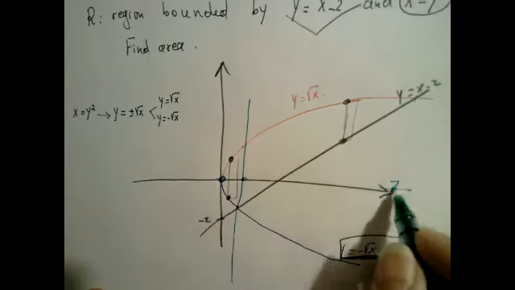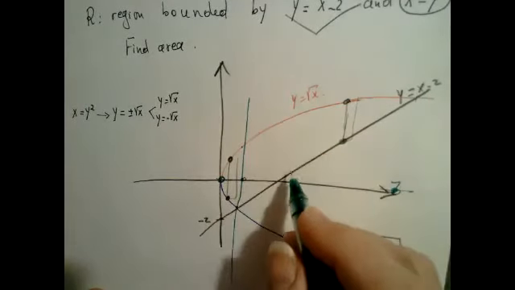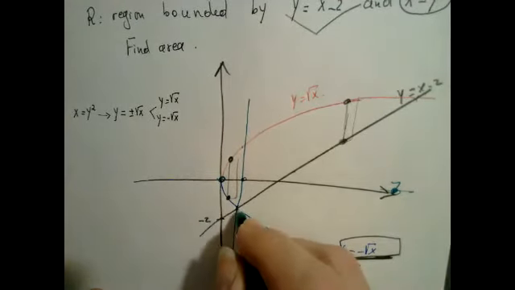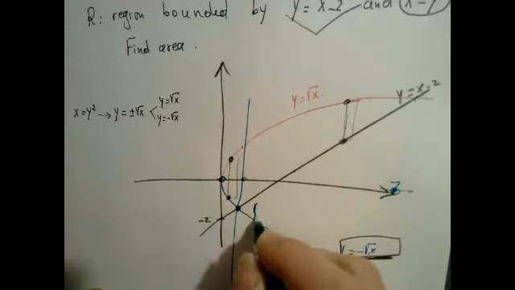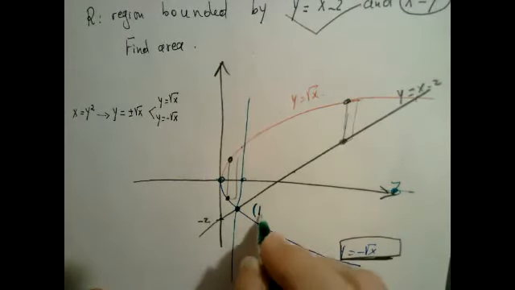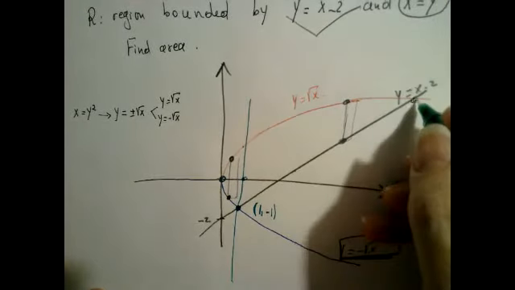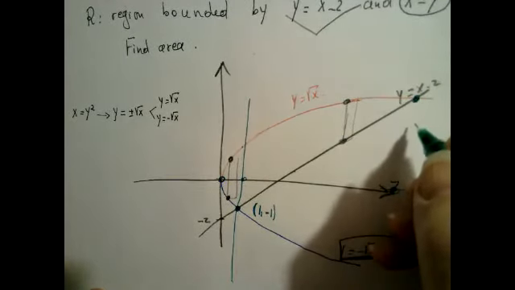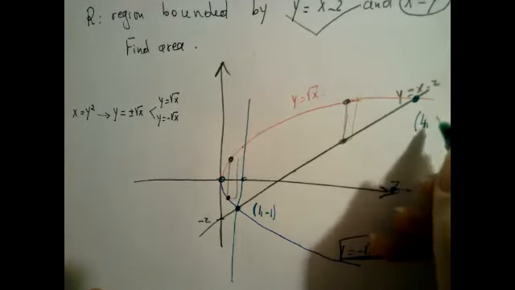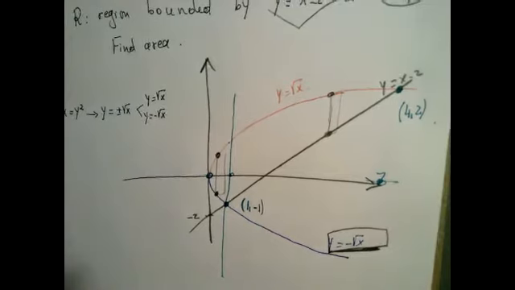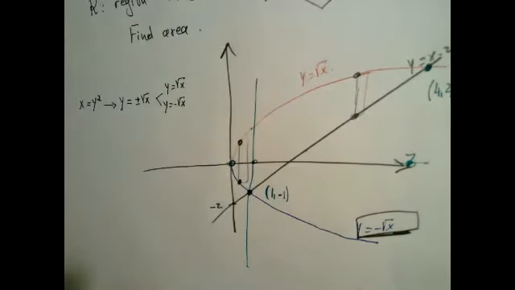From here to here, top curve is root x, bottom is x minus 2. So how can I solve this problem? Now the intersection points, just to make our life easier, I just found them for you. That's 1, minus 1. And this intersection point is 4, 2. Don't worry about those.